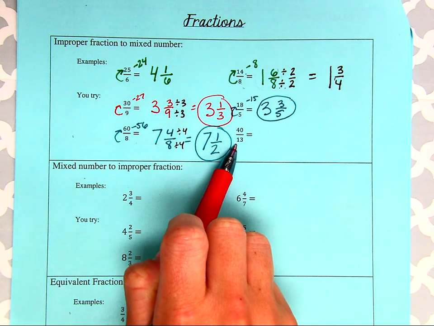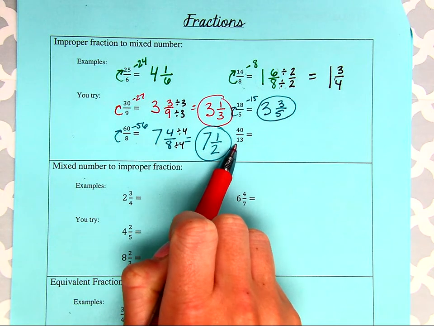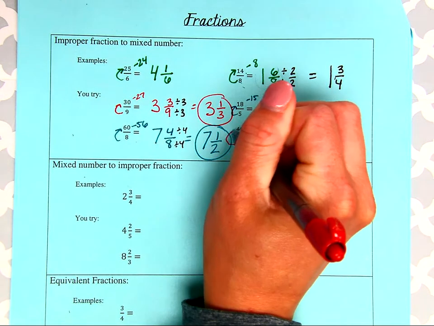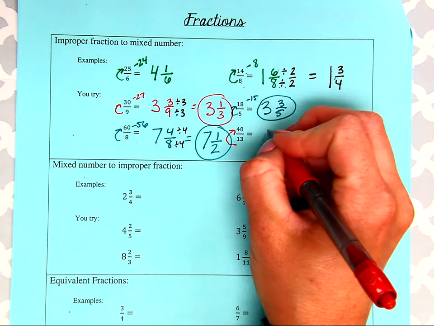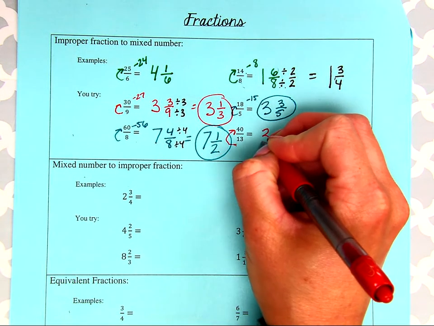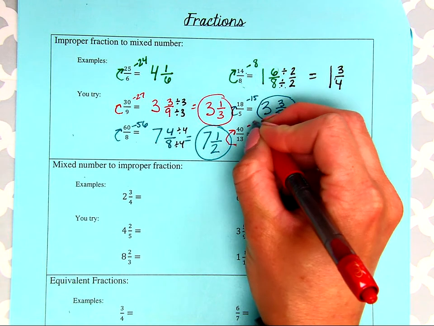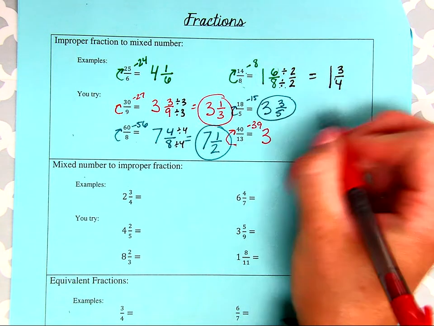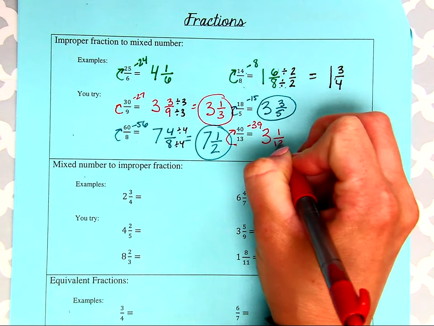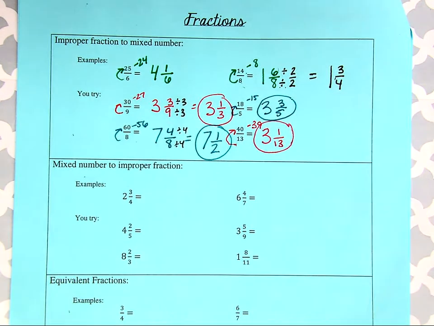If you needed to multiply 13 times 1, 13 times 2, 13 times 3, you would figure out that 13 can go into 43 whole times. 13 times 3 is 39, so we get really, really close with 1 left over, and then we do not need to simplify that one. So that's going from an improper fraction to a mixed number.